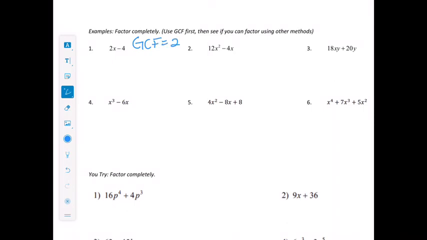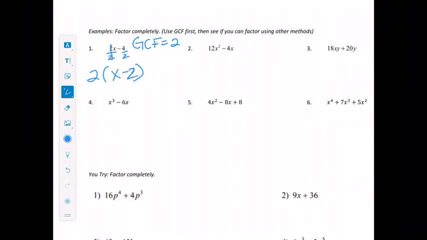My GCF is just 2. So we put the greatest common factor 2 out in front. And then we draw a parentheses and we divide each of the original terms by that GCF. 2 divided by 2 is 1. So this is just 1x, but remember, we don't really want to write the 1. We just need the x. And then negative 4 divided by 2 is negative 2.